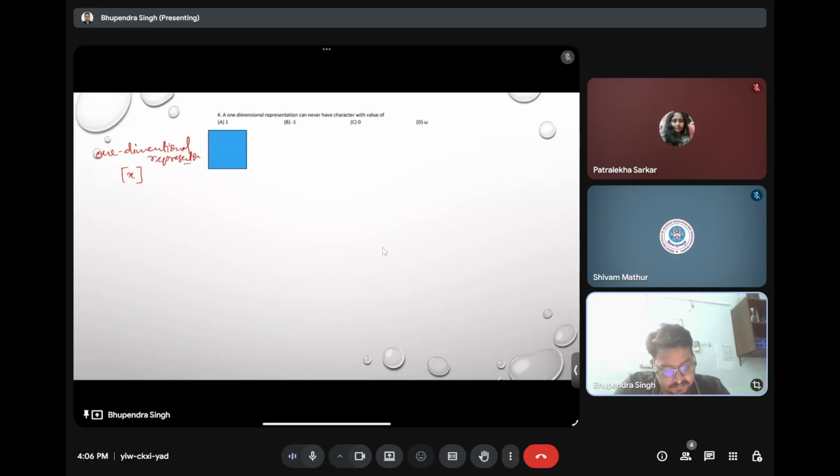The question is saying, out of these four options, 1, minus 1, 0 or omega, which one can never be the character value? Which means that it cannot change your basis.